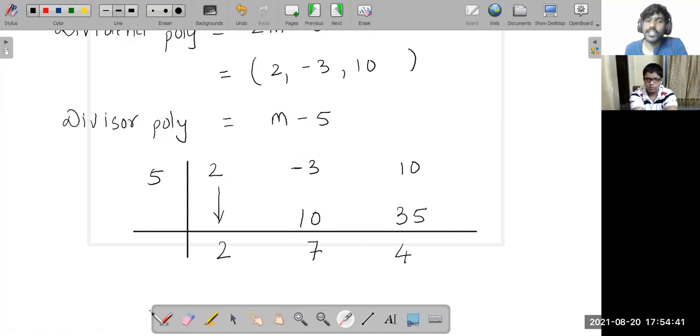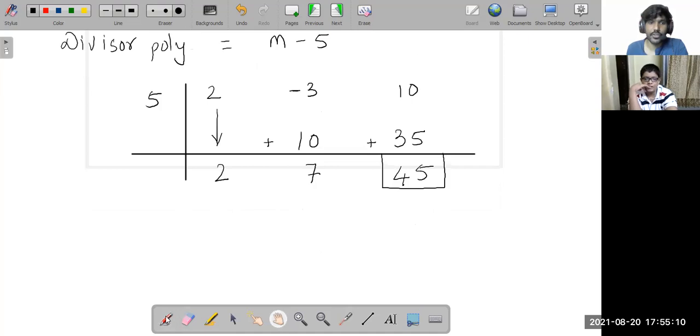The general thing to be done here is addition. If you get a different sign, then you see whether to add or subtract, but the general thing is to add. If you don't see any negative signs anywhere, directly add it. So this becomes 45. This 45 will be your remainder. So remainder is 45.